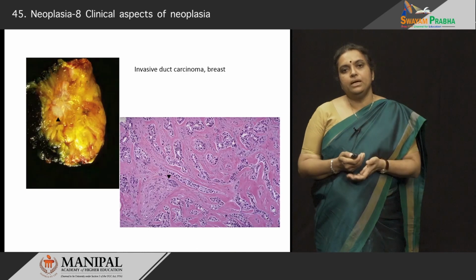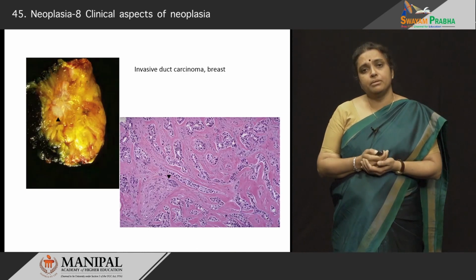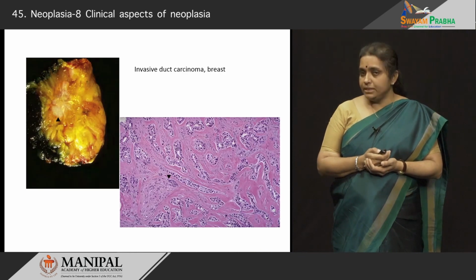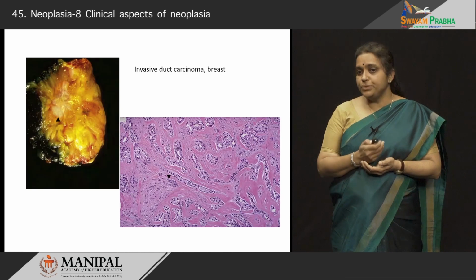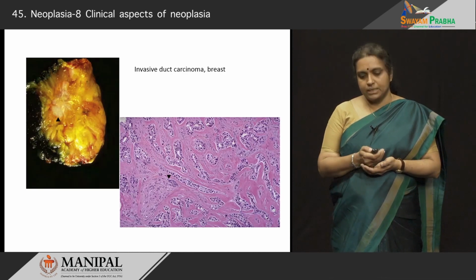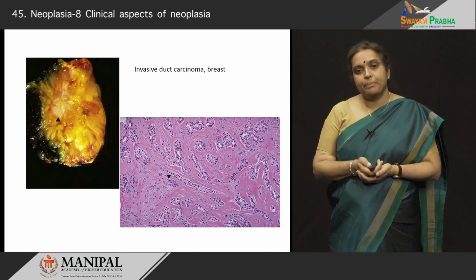And in the lower picture, you see the same tumor, the microscopy, the irregular tumor cells that are infiltrating the stroma. So, now you know that this is a malignant tumor. The arrow also shows a nerve bundle which is infiltrated by tumor.